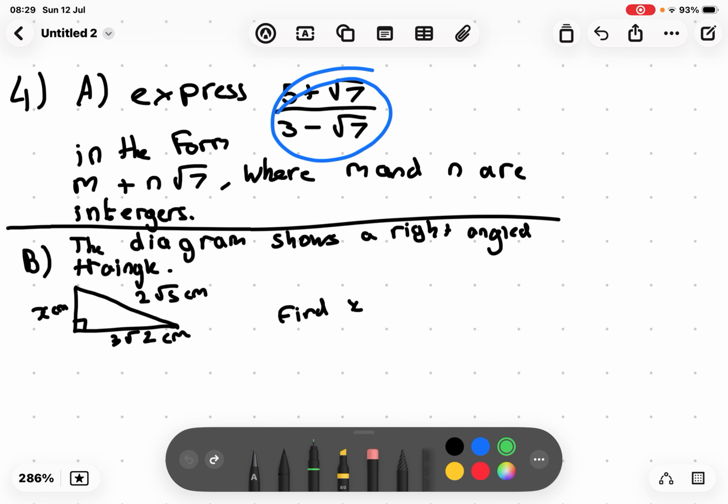So we have to get rid of it, so we times the whole thing by 3 plus root 7, 3 plus root 7, and here comes the long maths. So 5 times 3, 15. 5 times root 7 is positive 5 root 7.